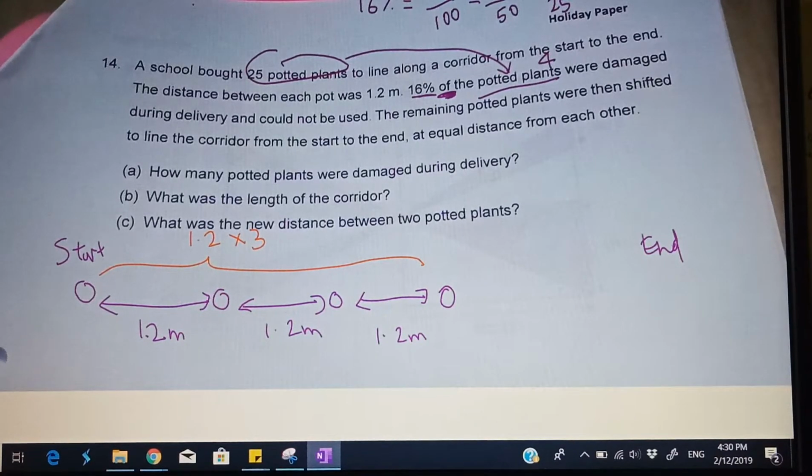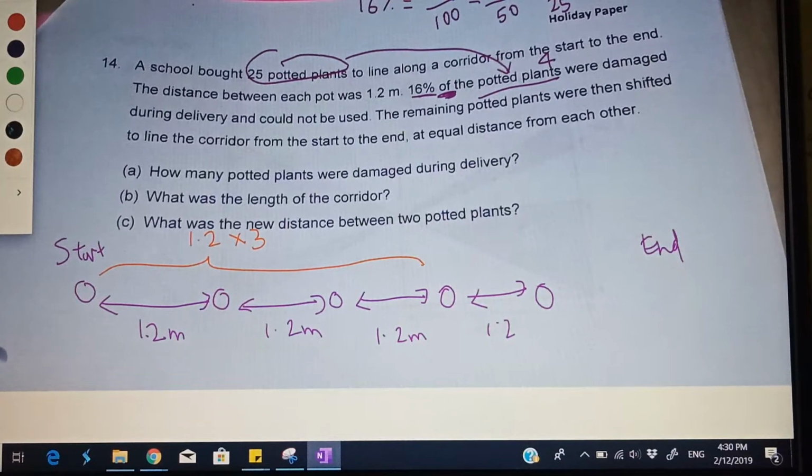So let's say we put one more over here, 1.2. One more potted plant. So right now you have 5 potted plants.